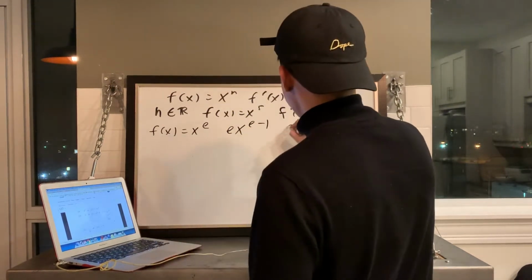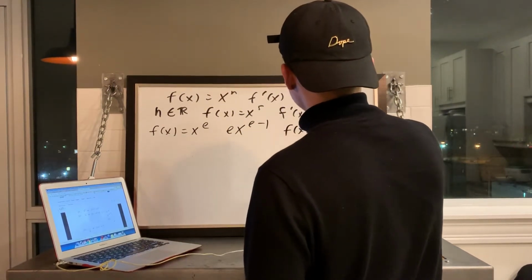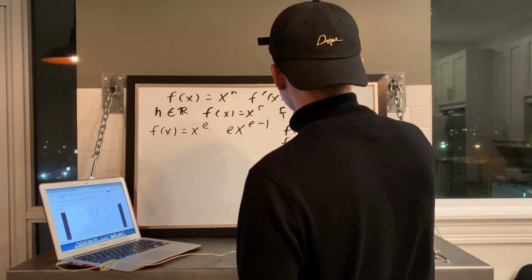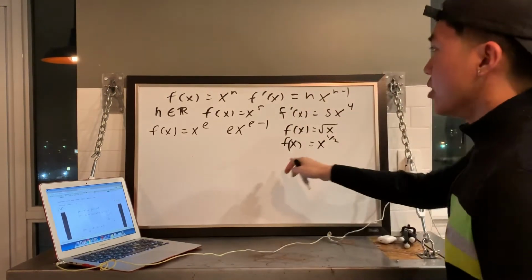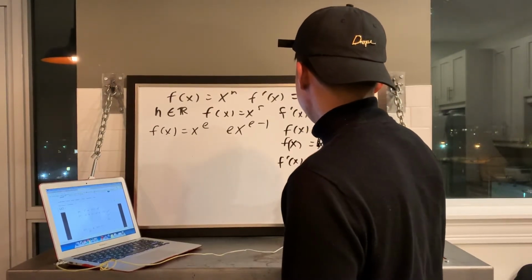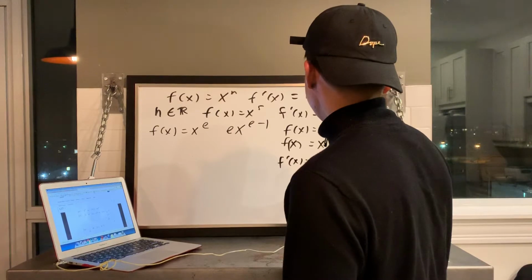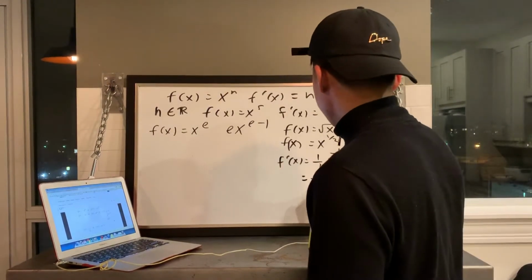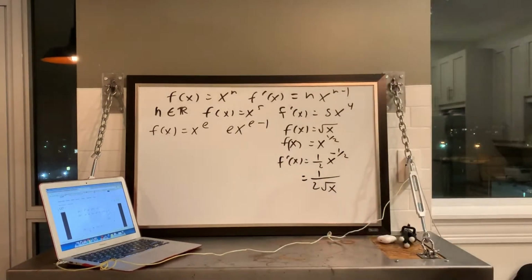If you have f of x equals root x, you'd write f of x as x to the 1/2. I drop that 1/2 at the front. f prime of x is 1/2 x to the negative 1/2. So that equals 1 over 2 root x as the derivative.